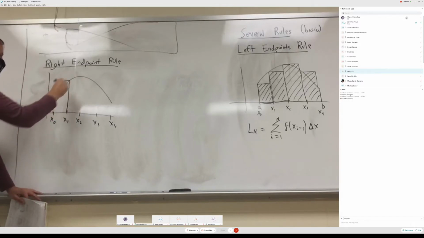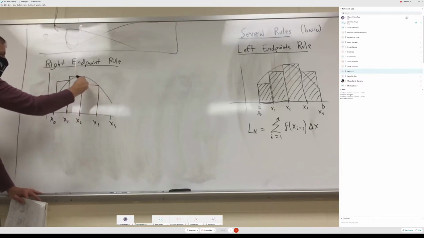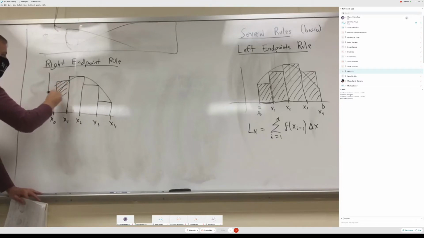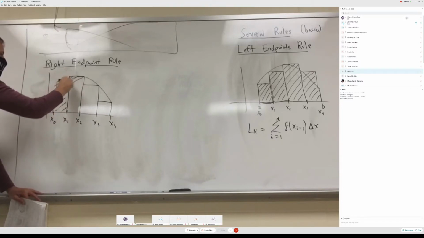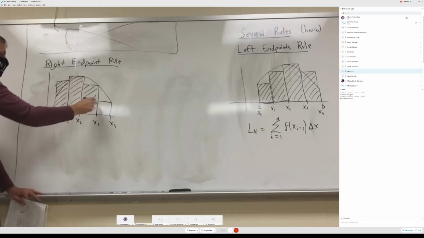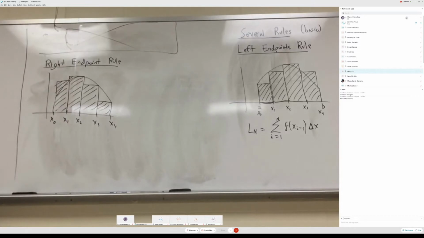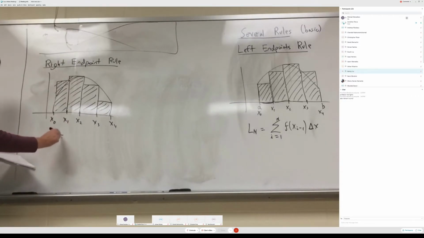So it's the exact problems that we had before, but reversed. On the way up, we had overestimations. On the way down, we had underestimations. Maybe all those things would cancel out. We got a nice curve that moved up and down, like a sine curve maybe. But some wouldn't. So the right endpoint rule would look like this.